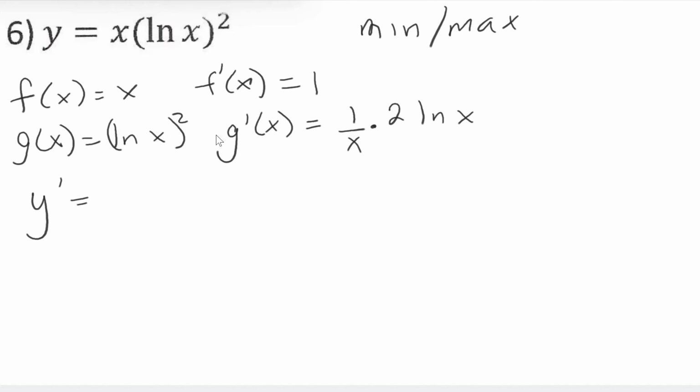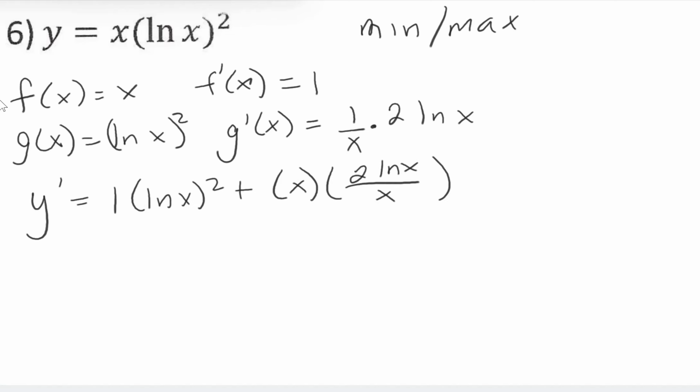So y prime is 1 times ln of x squared, plus x times 2 ln of x over x. So I get ln of x squared plus 2 ln of x.